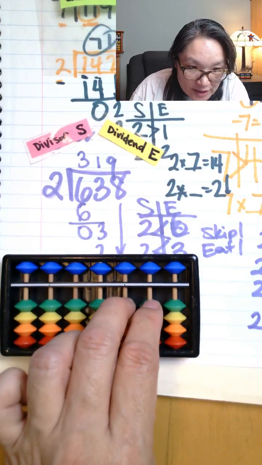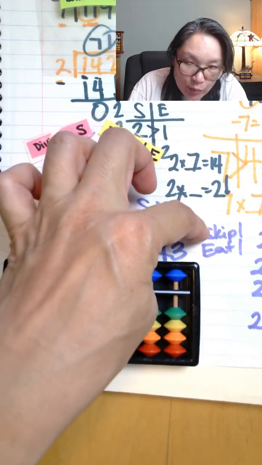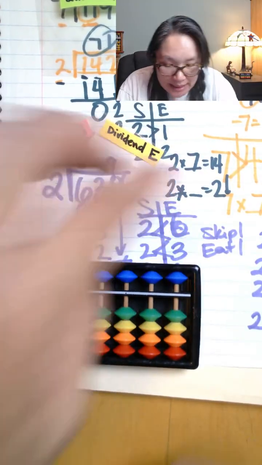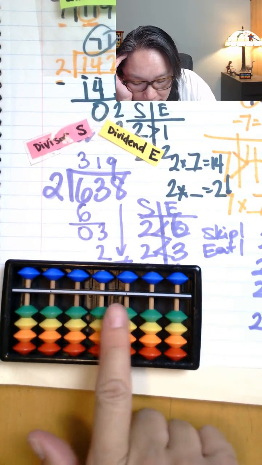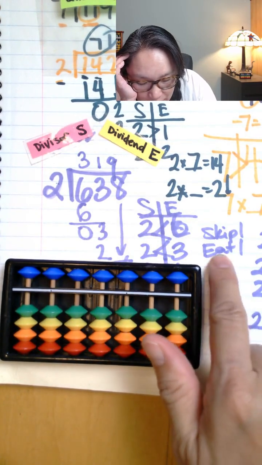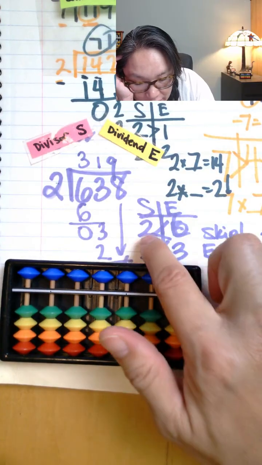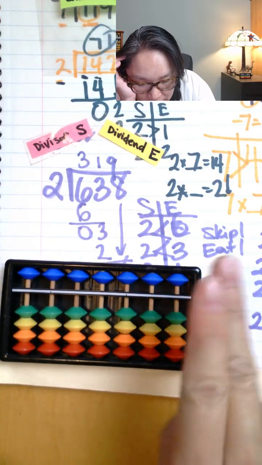If the divisor is smaller, it's skip 1, eat 1. So that means I skip 1 column, and then subtract 1 column. If the divisor is bigger, then you use 2 digits.